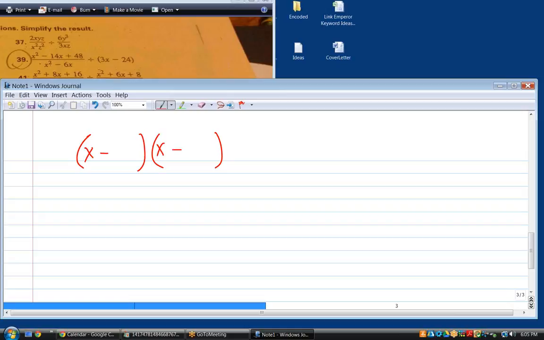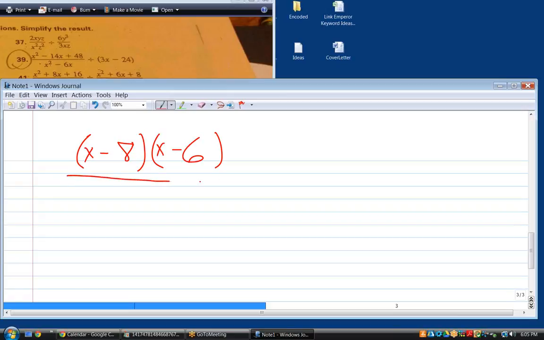Okay. And now what's the third step in factoring that? You find two numbers that multiply together to equal 48 that also add to equal 14. Okay. 8 and 6. Okay.